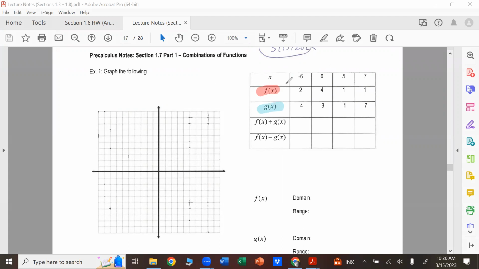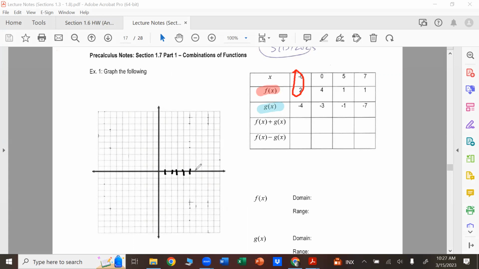So we'll start with f of x. You have -6, 2, right? That's easy. Which is your label. So let me do little tick marks here. That's frustrating. Let me do this in black. You can tell I did not make these notes. I would actually have these labeled.